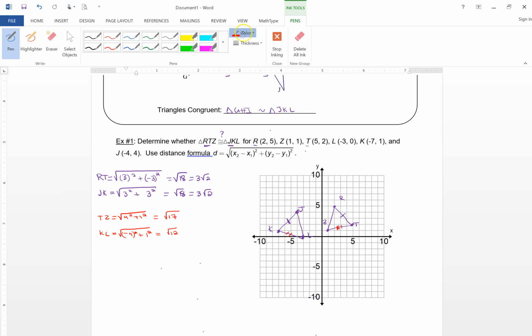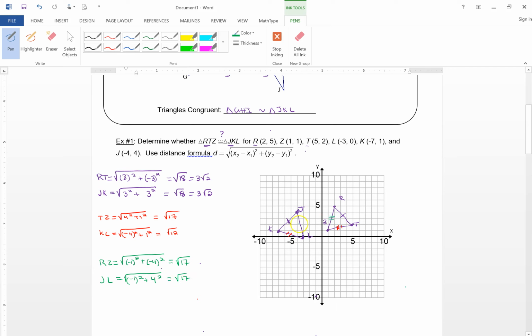And next, I'm going to do RZ, which is the square root of -1 squared plus -4 squared, which is equal to the square root of 17. Same way, JL is -1 squared plus 4 squared, which is equal to the square root of 17.